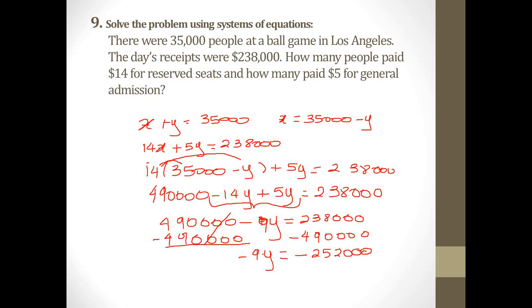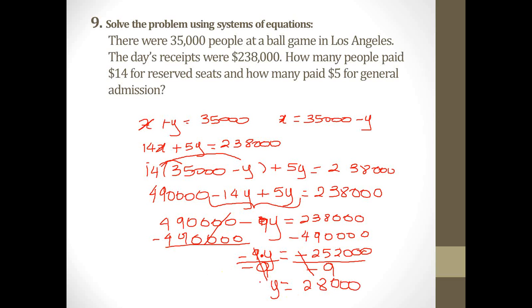I need to get rid of this negative 9. Again, this is a multiplication. I solve with the opposite, which is division. So I divide by negative 9 on both sides. This cancels the 1. I don't need to put the 1. Negative and negative is positive. It cancels. So my final answer is 28,000.